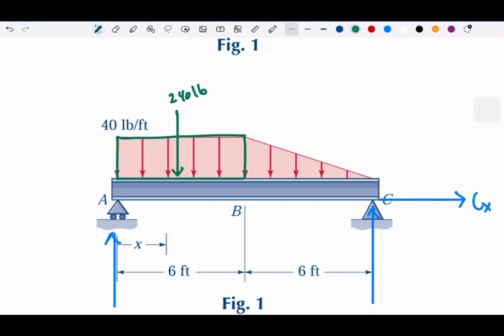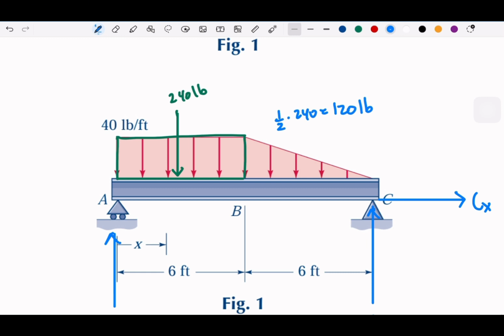And then you have the triangle. You can find the area using the same height and the same base, 6, but then you need to multiply by one half because it is a triangle. So half of 240 is 120. And where do you put it?